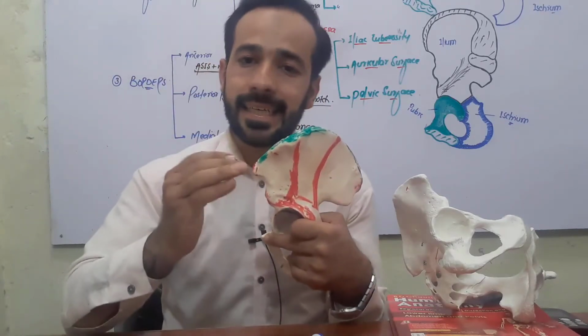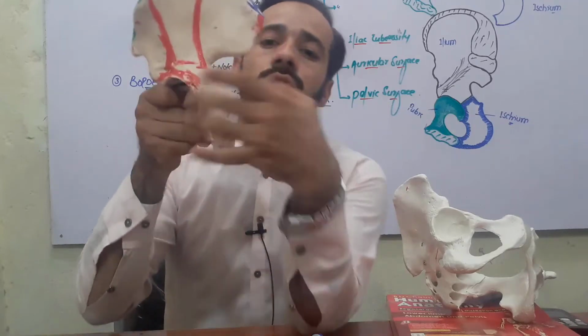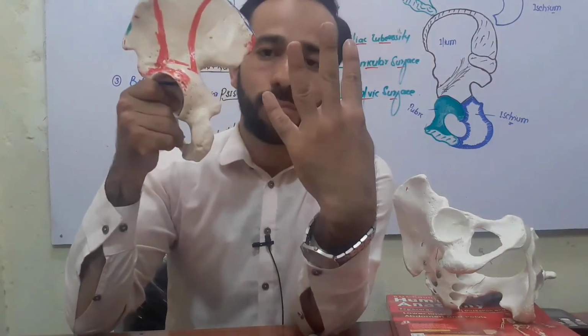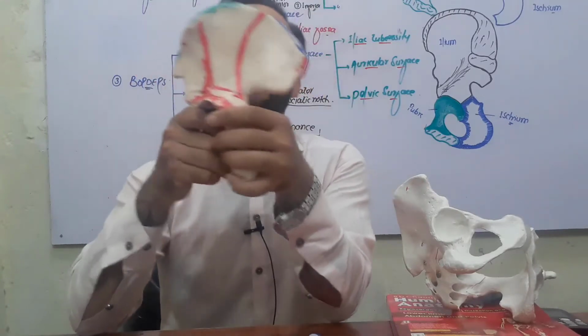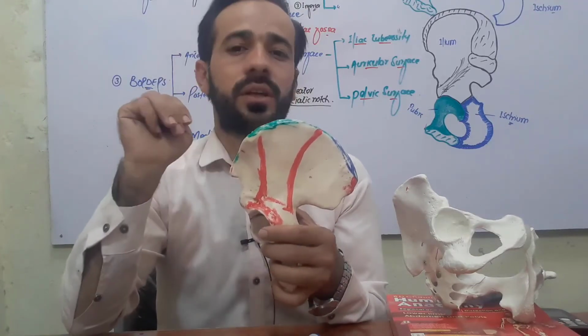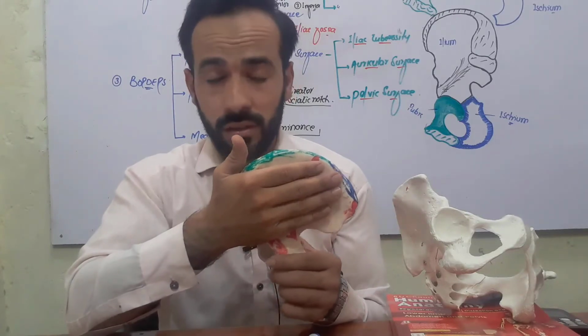The anterior line, the posterior line, and the inferior line. So your gluteal surface is divided into 4 parts by 3 lines. So this gluteal surface has 3 important lines: the anterior, the posterior, and the inferior line, right? So this was about the gluteal surface.